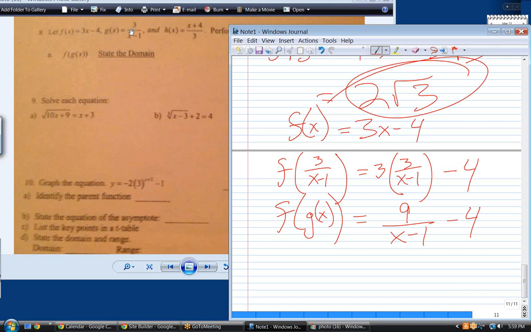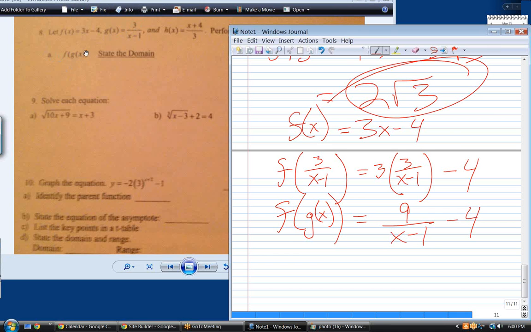Okay. What's the domain of g of x? Everything except what? One. Right. So negative infinity to 1 combined with 1 to positive infinity. Okay, so it's a different domain.